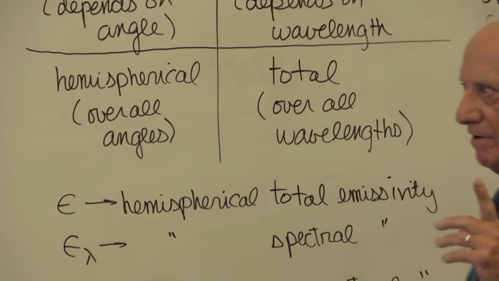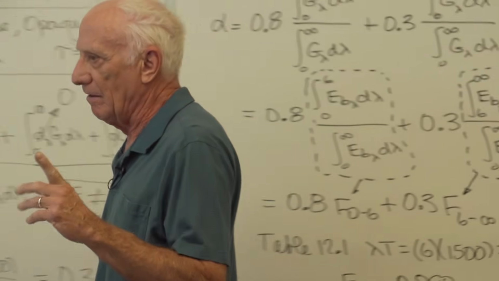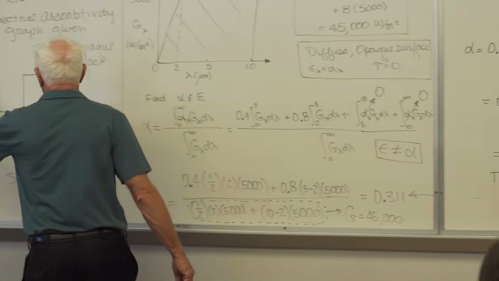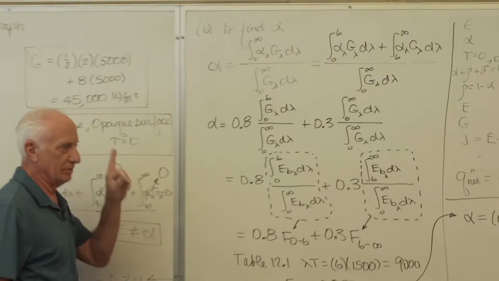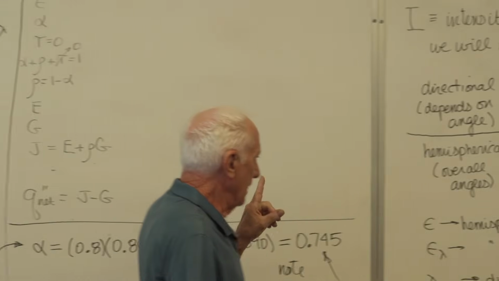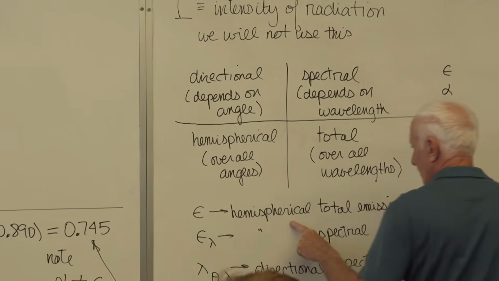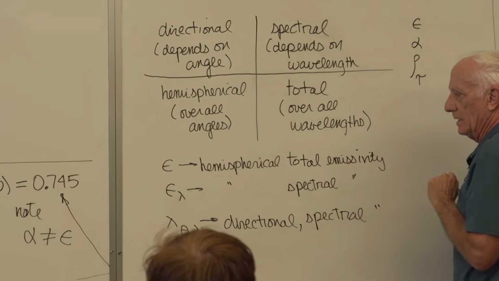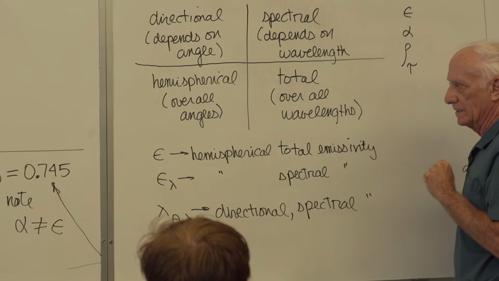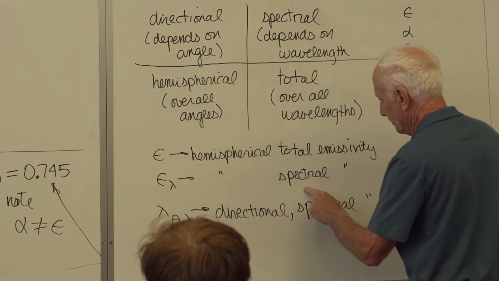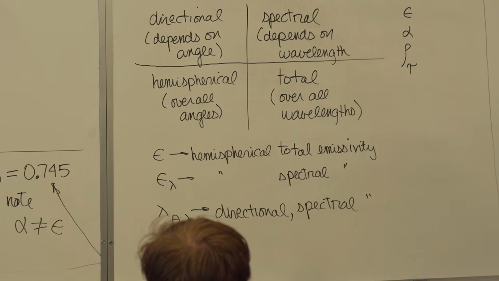So all we've done in this class so far is we have two things. Like let's take alpha. We have alpha lambda and we have alpha. Okay, what are they? Alpha is the hemispherical total absorptivity. Alpha lambda, what is it? The hemispherical spectral absorptivity.